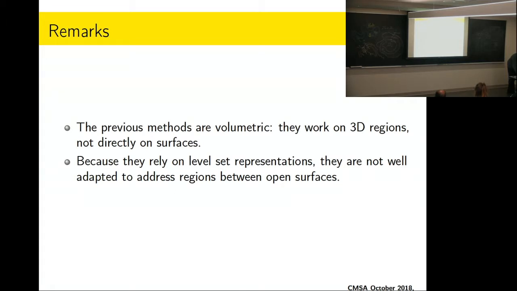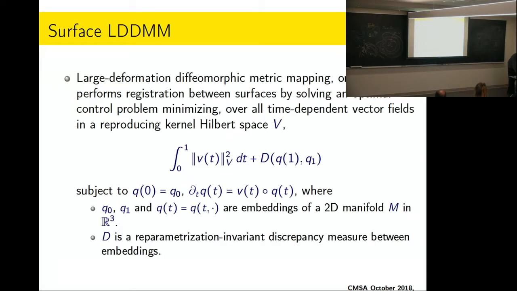For the last one you don't need closed surfaces, at least for that one, because they were doing image matching on binary volumes, so it was not based on surface matching. Here we are going to use surface matching, and we are going to add the constraint that the level lines, the streamlines, are perpendicular.